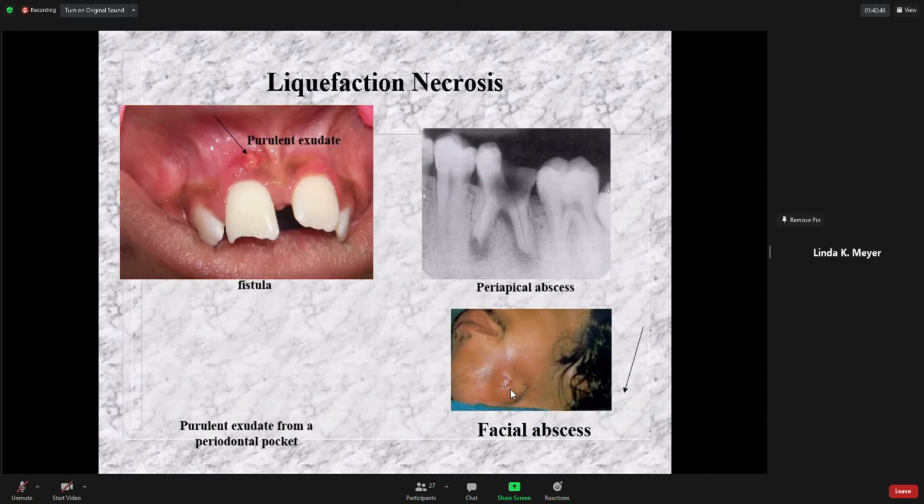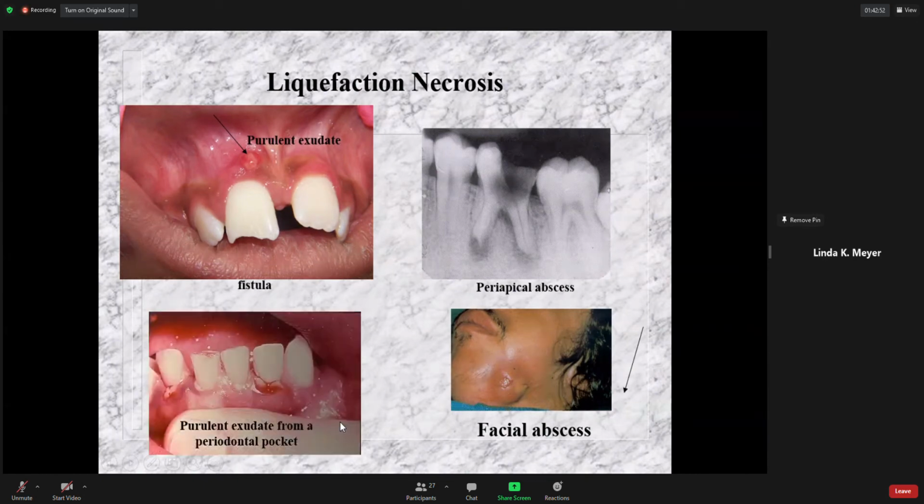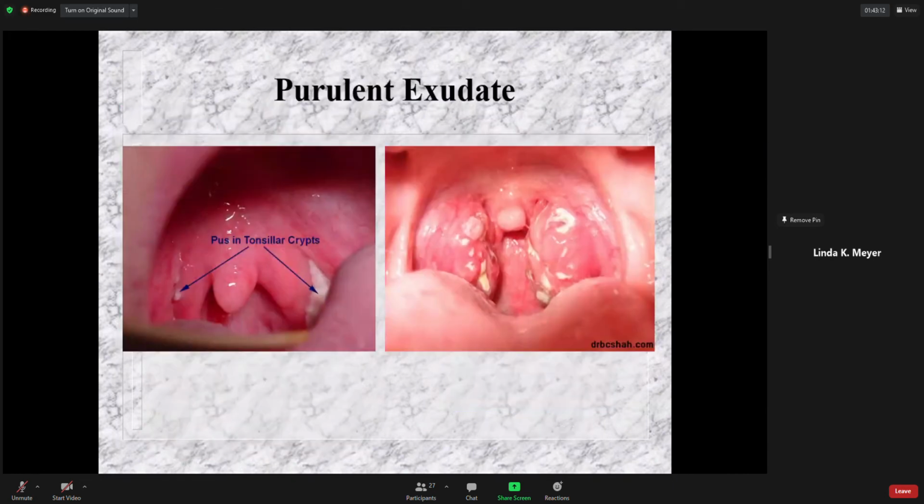Sometimes they'll even spread to the face area. Here, sometimes in periodontitis, we'll see pus coming out of a periodontal pocket. So liquefaction necrosis in the pockets or in different abscesses in the oral cavity are an oral application.